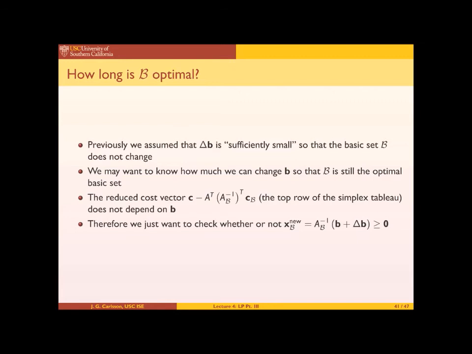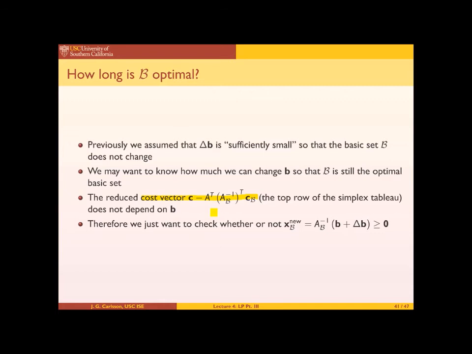First of all, the upper row, C minus A transpose AB inverse transpose CB, the right-hand side vector, lowercase b, doesn't appear there. So if I change b, it doesn't affect the upper row of the tableau, and therefore you're never going to get that upper row to suddenly be negative.